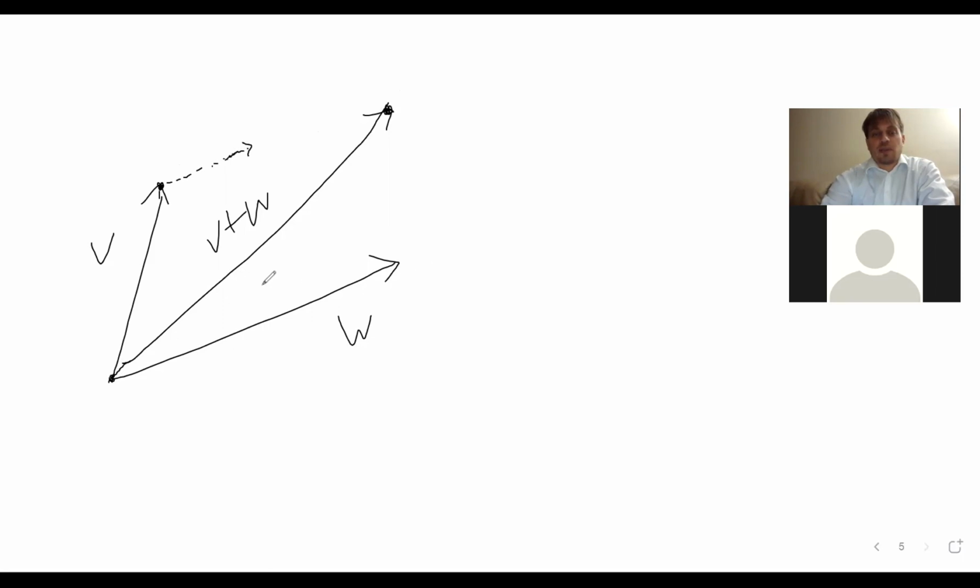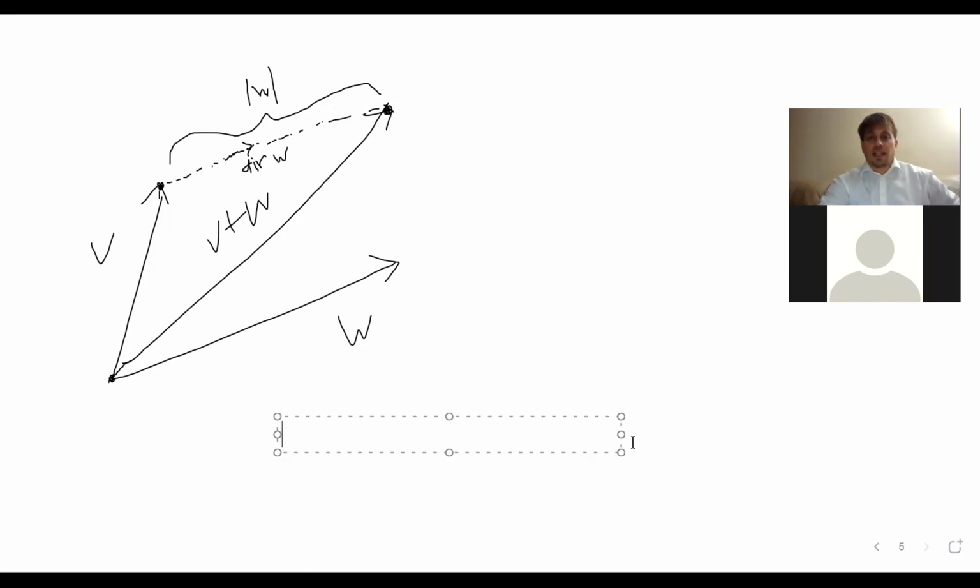But it's a distance, the length of W. So we're going to keep going in that direction as long as the length of W. When we do that, the exact point we reach is the terminal point of V plus W.